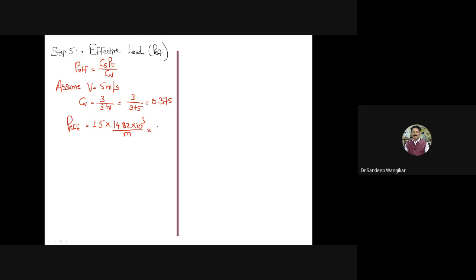So I will say into 1 divided by 0.375, or you can write divided by also, no problem. So I will get P effective is equal to, module will be at denominator, unit will be Newton. Calculate, it will be also in terms of module.